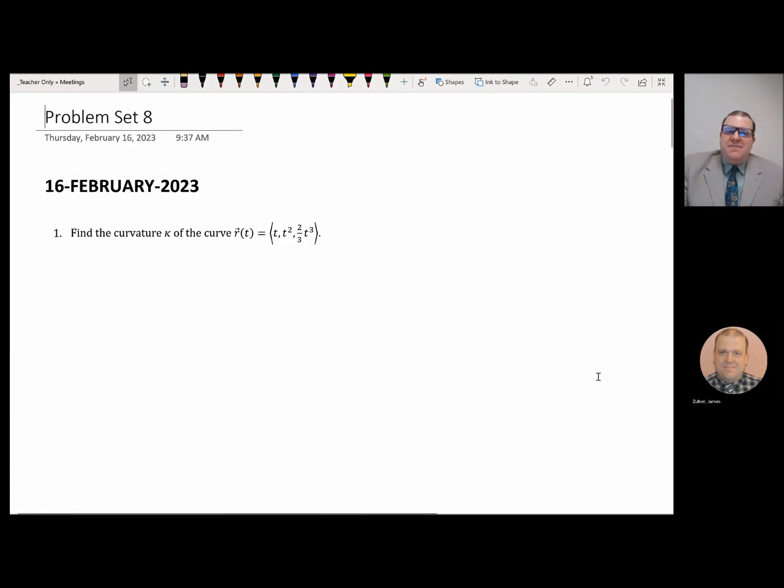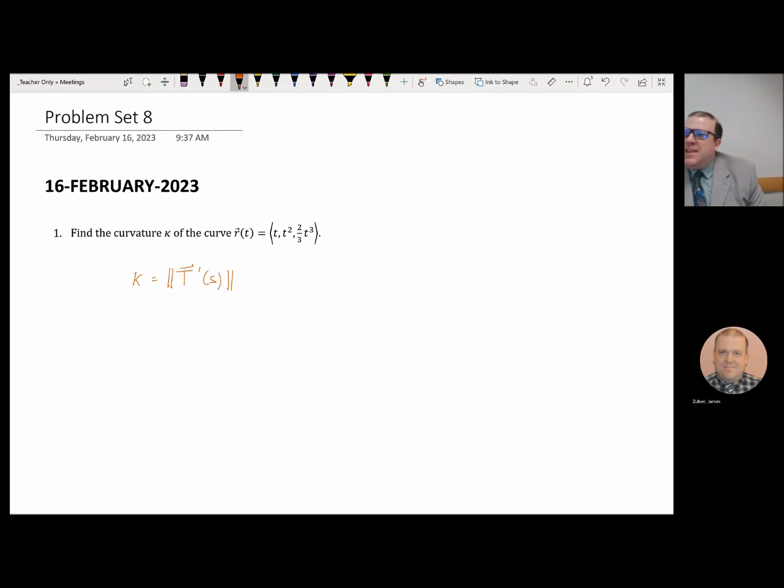So curvature by definition, I always hated drawing kappas. Kappa is the magnitude of T prime of s.